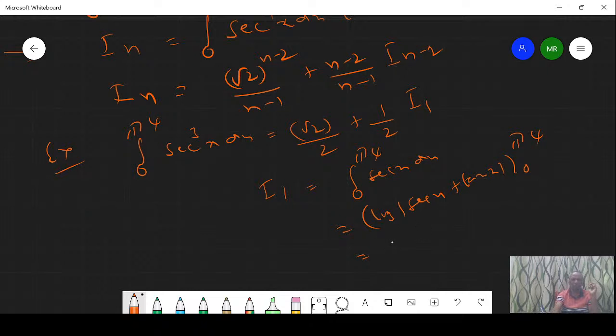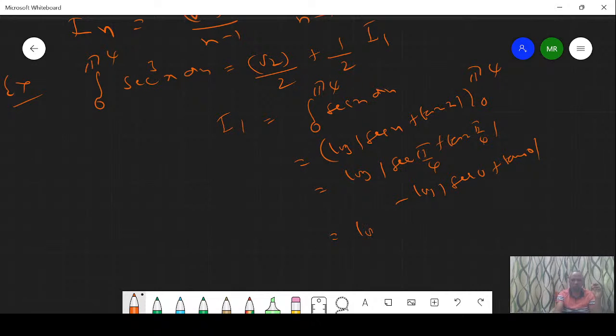You can simplify and apply the upper limit and lower limit.